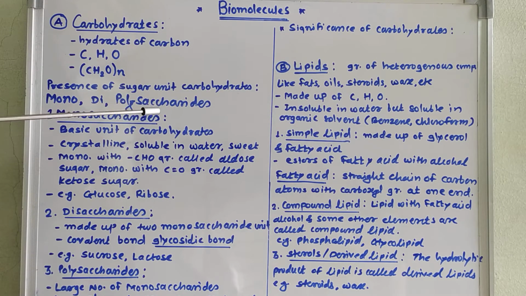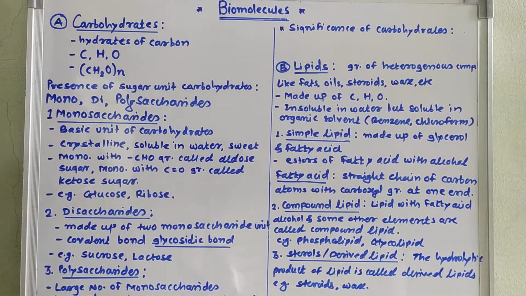The carbohydrates are organic compounds made up of carbon, hydrogen and oxygen. Here the proportion of hydrogen and oxygen is the same as in water, that is 2:1. Now the general formula of carbohydrate is CnH2nOn.